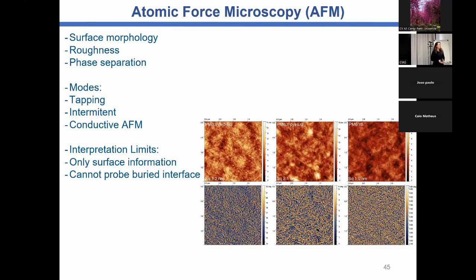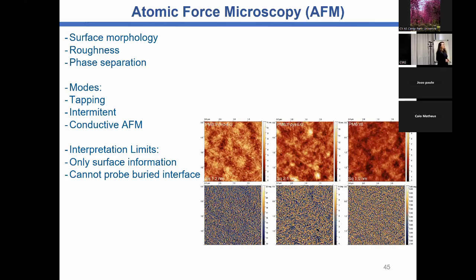And there are several setups that could improve the measurements of atomic force microscopy, but in general we use it for surface morphology and to see phase separation. There are different modes of the tapping, intermittent, or conductivity.